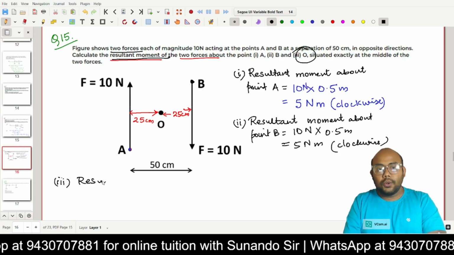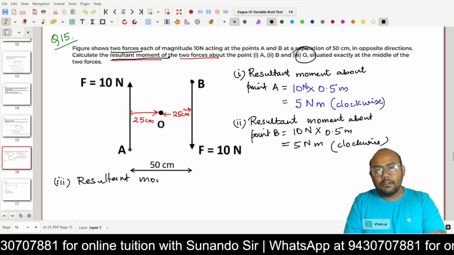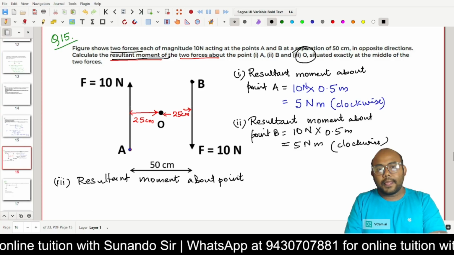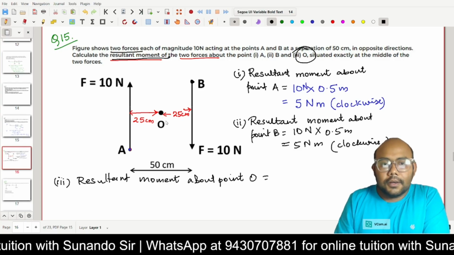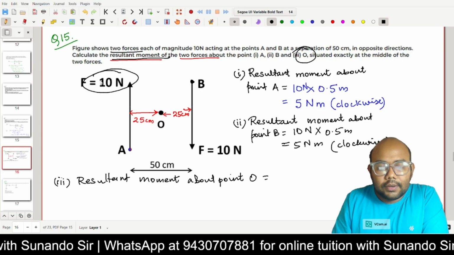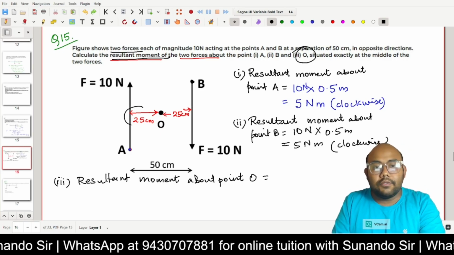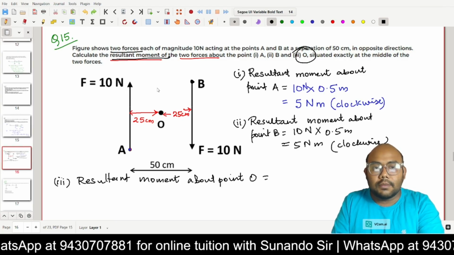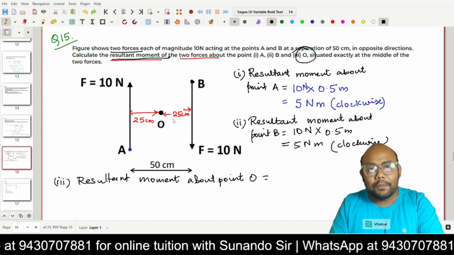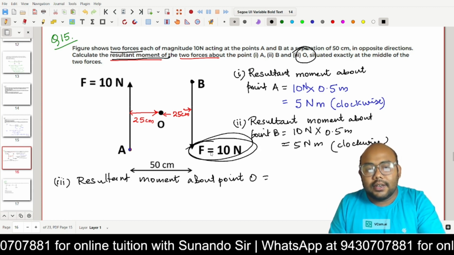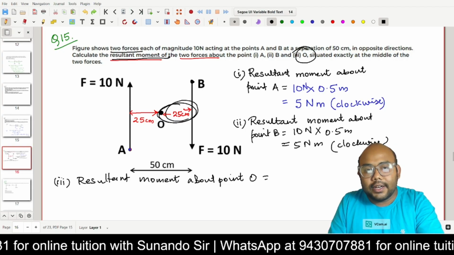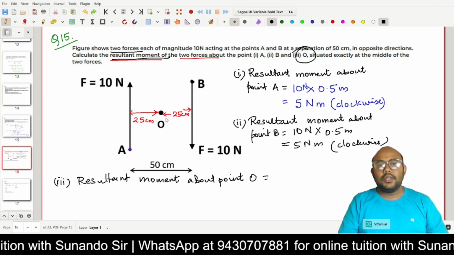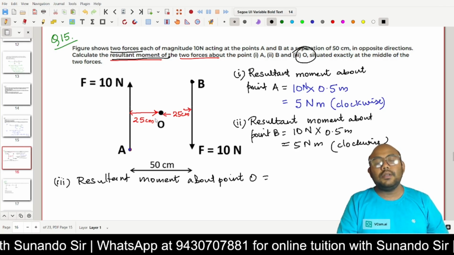Now the third part of the question is we have to calculate the resultant moment about point O. Now if you see, this force 10 Newton is at a distance of 25 centimeter from point A. So this is going to produce a clockwise moment about point O, not point A, point O. And similarly this other 10 Newton is also at a perpendicular separation of 25 centimeter from point O. So both of the forces are producing moment about point O, and both of the moments are clockwise also.